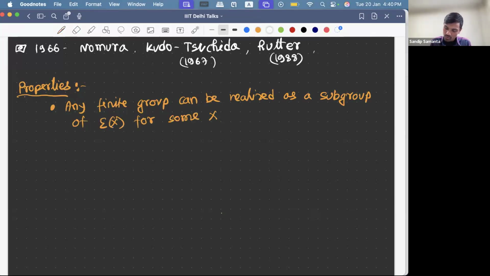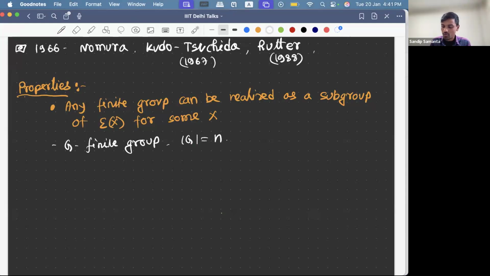Note that suppose we start with a finite group G, and its cardinality, let's say, is n. Then G acts on itself by left multiplication or right multiplication.